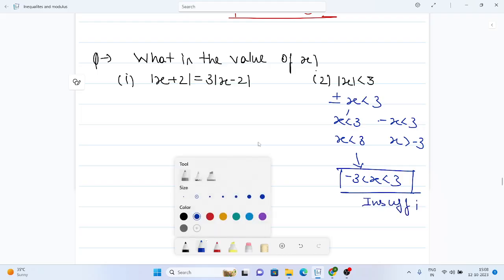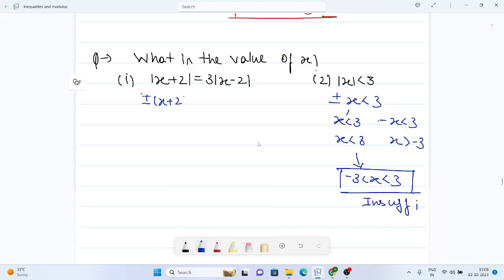Now if I solve this, I write as plus minus x plus 2 equal to 3 of x minus 2, right? So I write one is x plus 2 equal to 3x minus 6, another is minus x minus 2 equal to 3x minus 6.